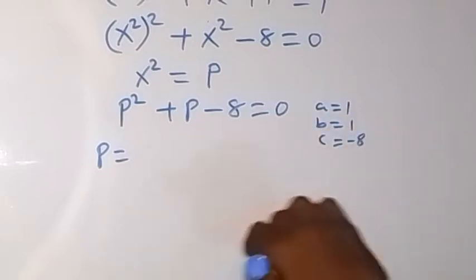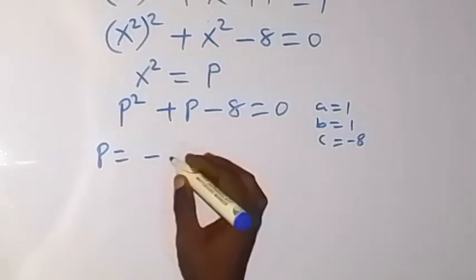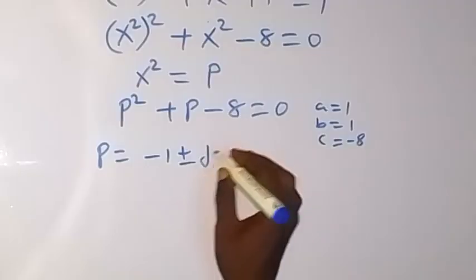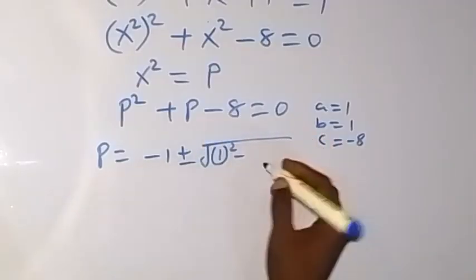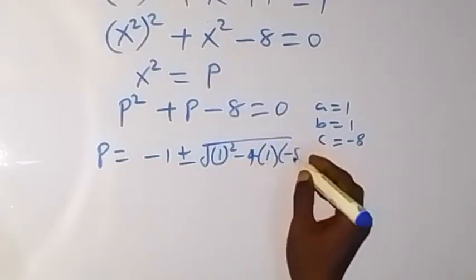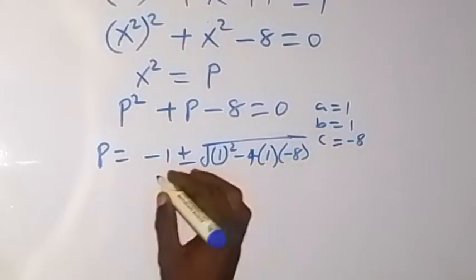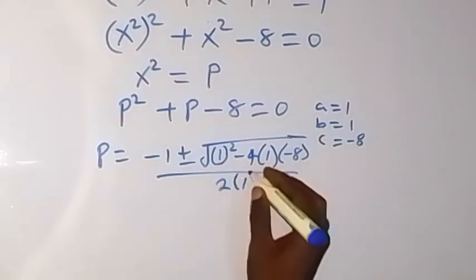So we can say that we have p equals to minus b, that's minus 1, plus or minus square root of b squared, that's 1 squared, minus 4, then a 1, then c minus 8, then we have all over 2a from quadratic formula, that's 2 times 1, that's still 2.